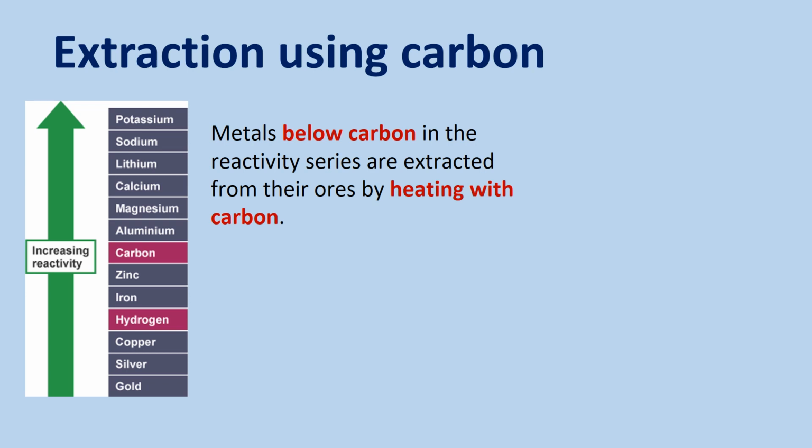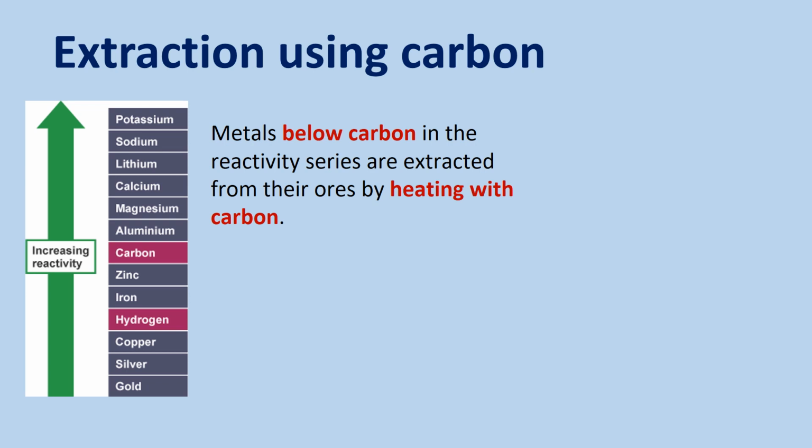Metals below carbon in the reactivity series, so zinc, iron and copper, can be extracted from their ores by heating with carbon, as can other metals like lead and tin.